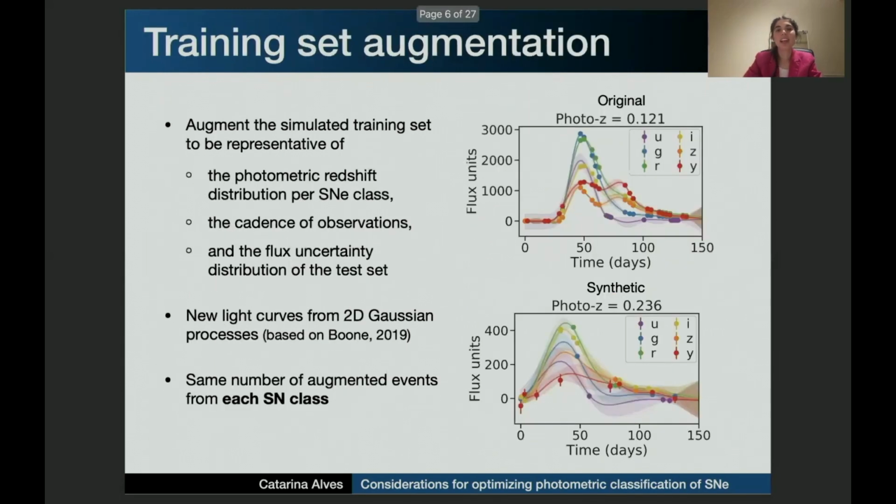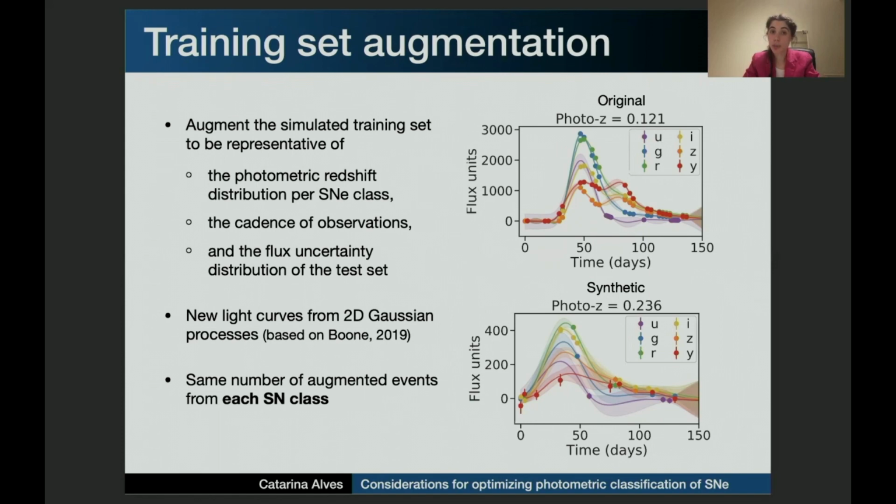available. For the augmentation, to deal with the lack of representativity, we augmented the simulated training set to be representative of the test set in terms of the photometric redshift distribution per supernova class, the cadence of observations, and the flux uncertainty distribution.